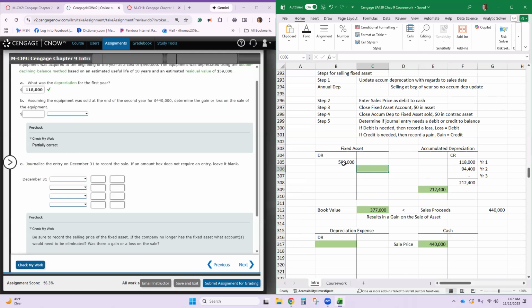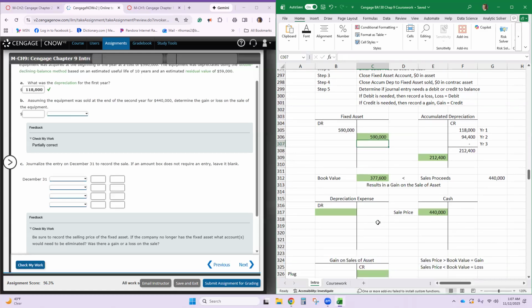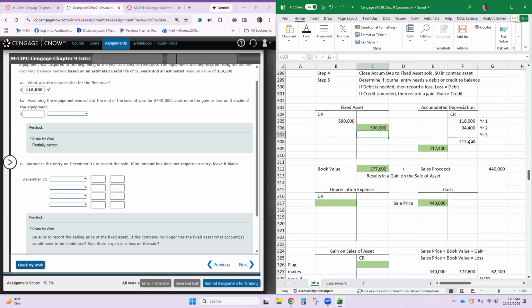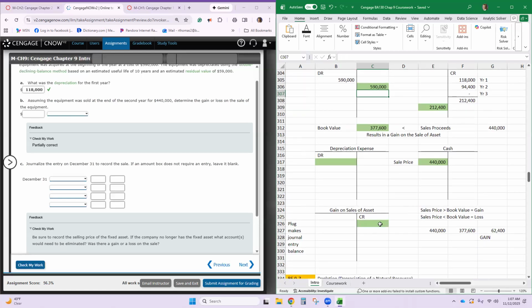You're going to credit this account for however much is sitting here because you're selling the fixed asset, every time. Then a gain is going to happen. A gain has a credit balance. So the gain is $62,400.